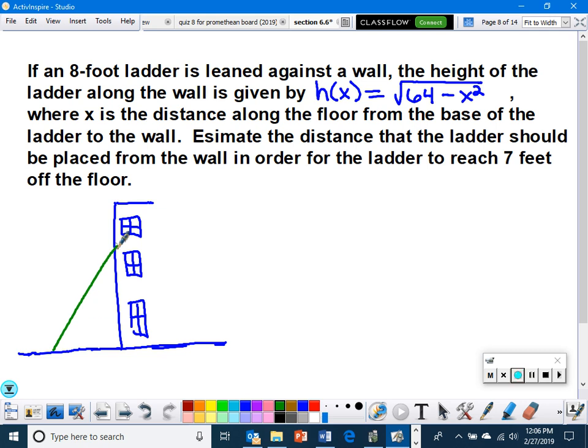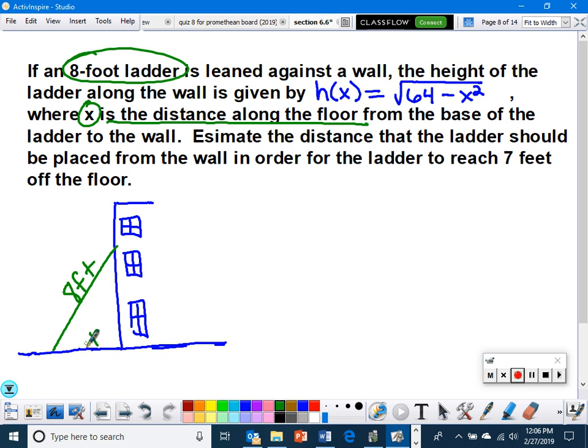That's the ladder. It's an 8-foot ladder, so let's mark that: the ladder is 8 feet. The distance from the base of the ladder to the wall along the floor is x. So this is x.